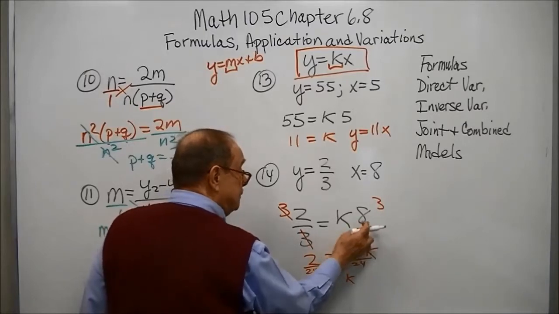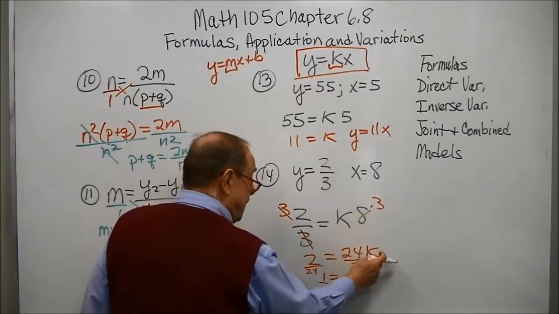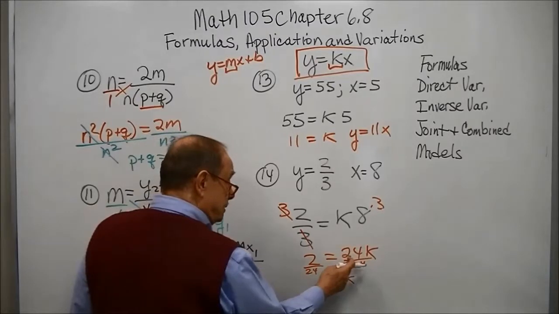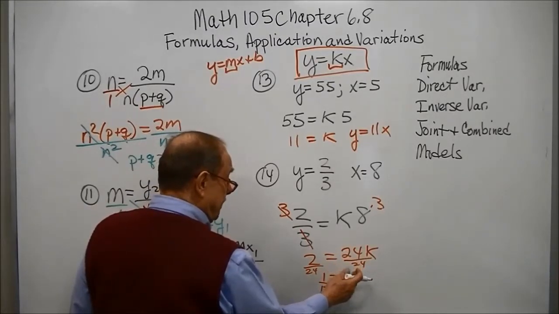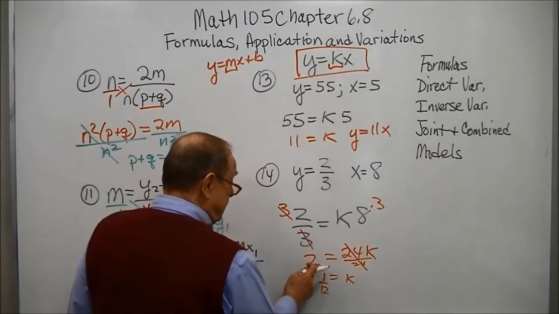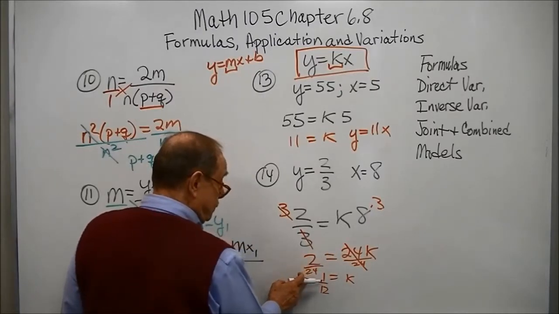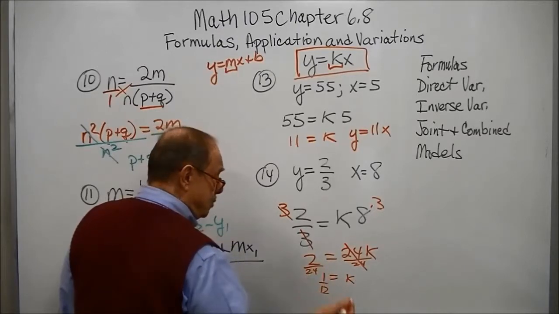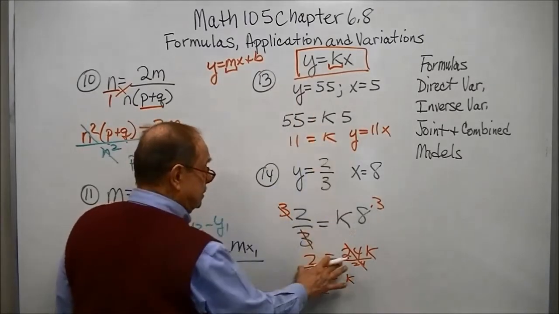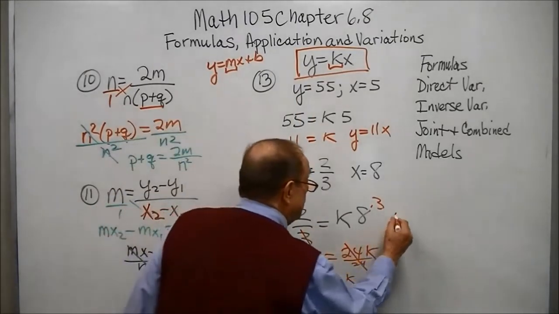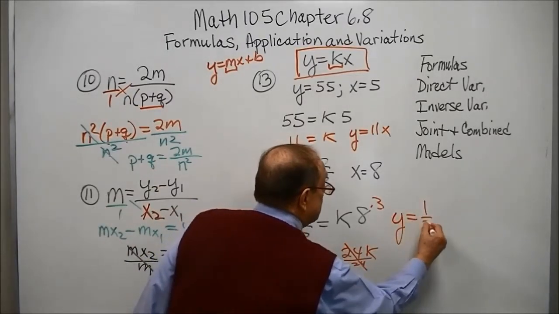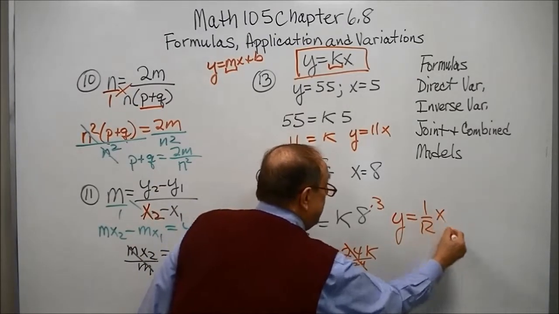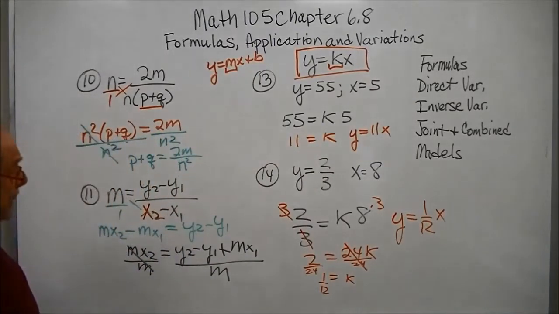So 24k. I divided both sides by 24. I get k equals 2 over 24, which is 1 over 12. So my equation for direct variation with this information will be y equals 1/12 x. And we'll go on.